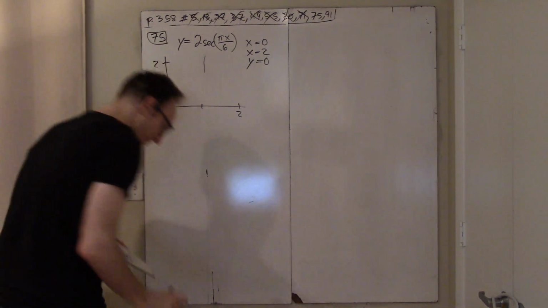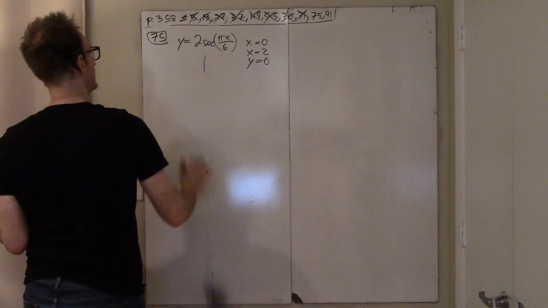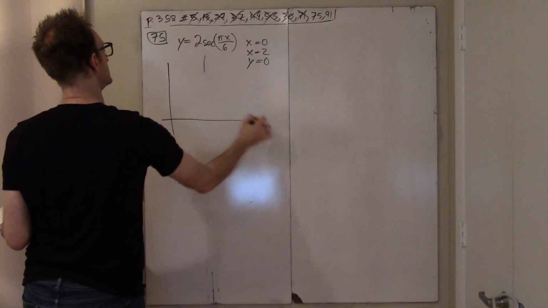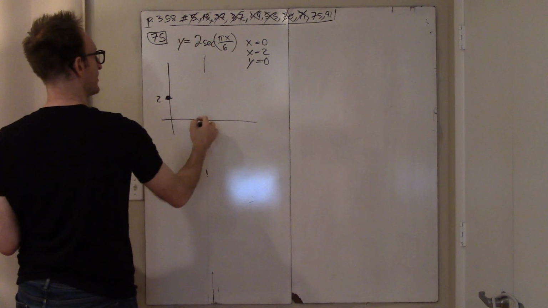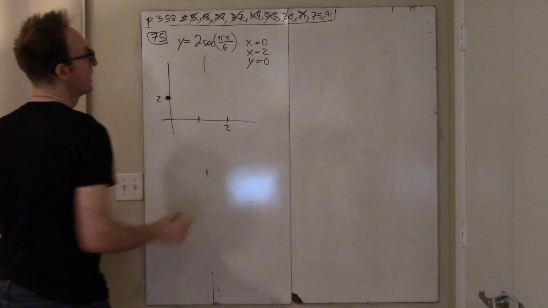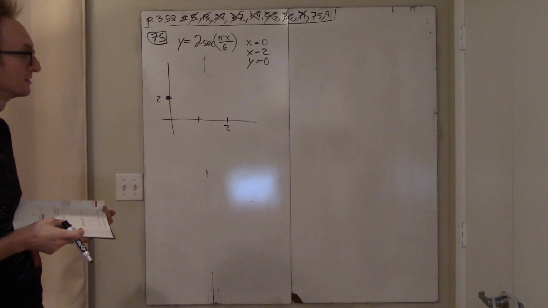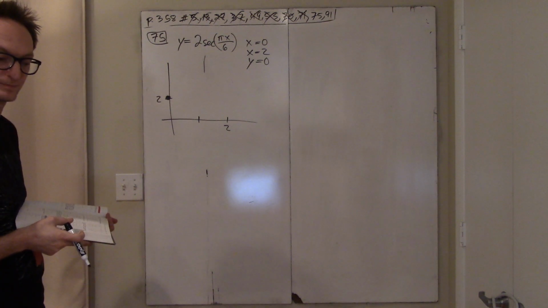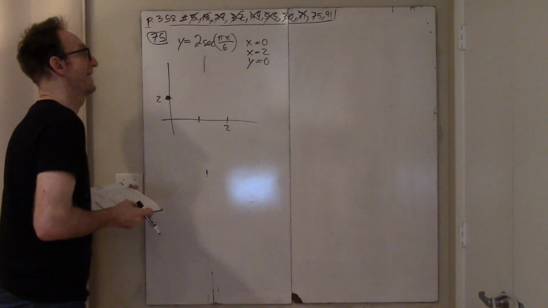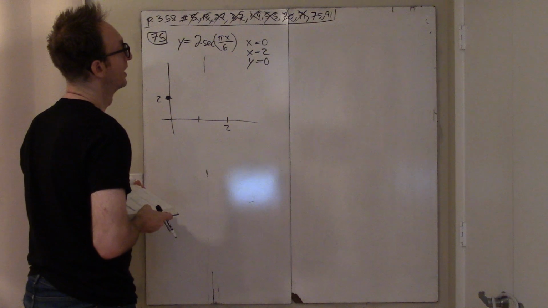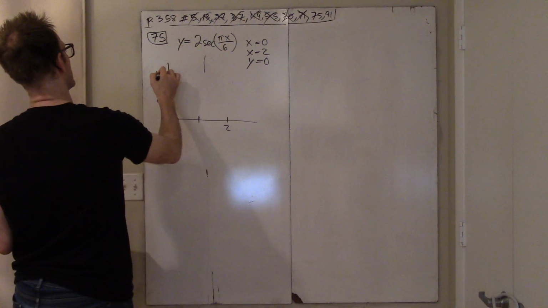And this is going to be a bad graph I see now, because secant is going to get bigger over this interval. So here's 2 at 0. But when I plug in 2, I shall get pi over 3. Secant pi over 3 is 2. And so this is going to be up here at 4.